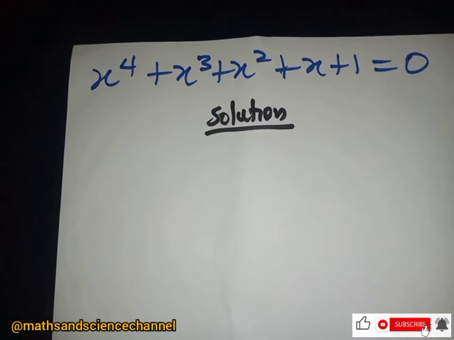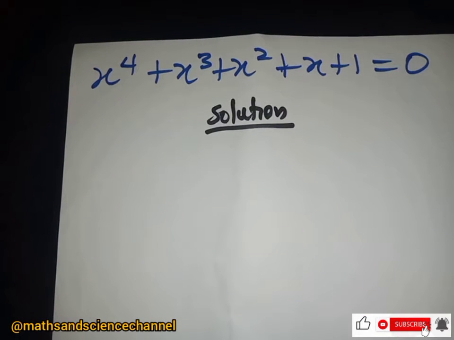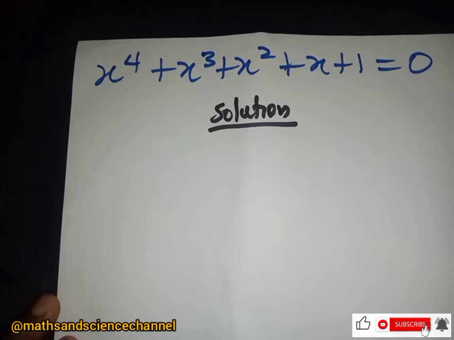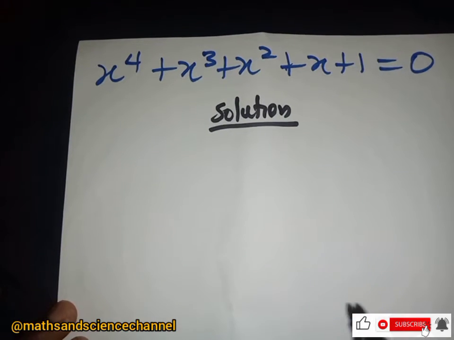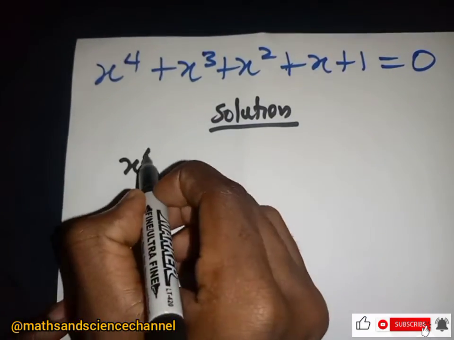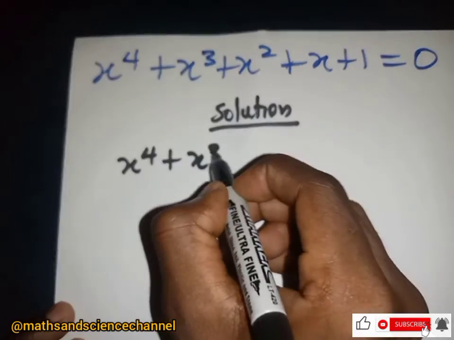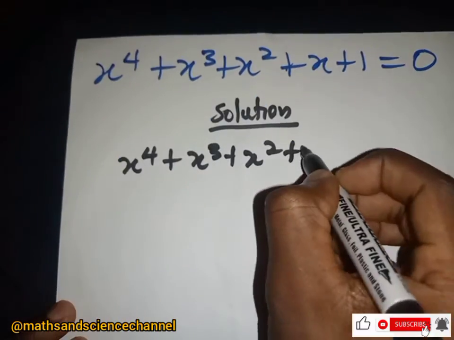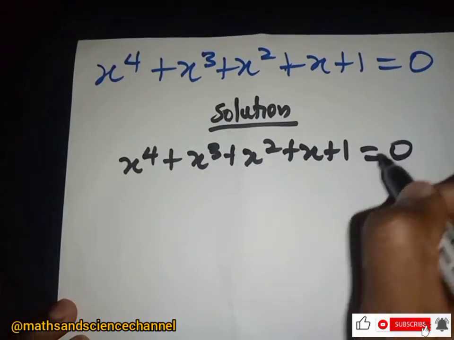Now what we are going to do is to divide all sides by x squared to make the equation look easier, and we will see why we are dividing all by x squared. So we have x to the power 4 plus x cubed plus x squared plus x plus 1 being equal to 0.